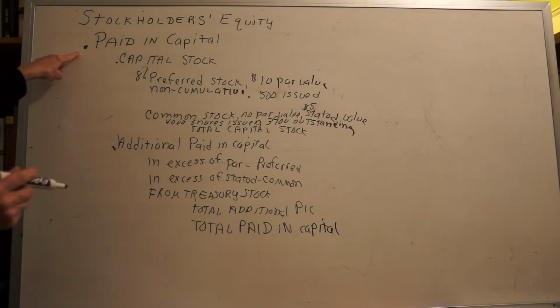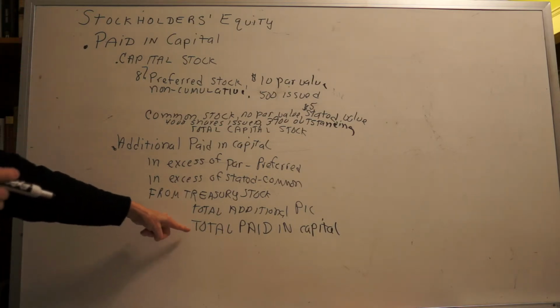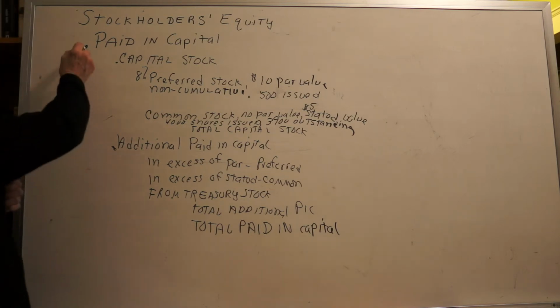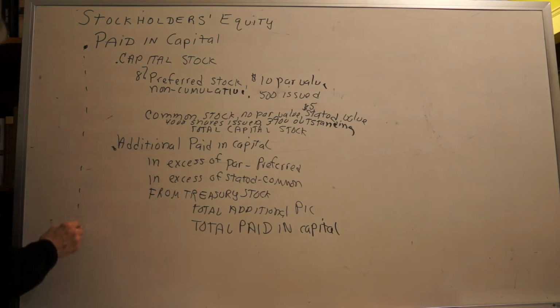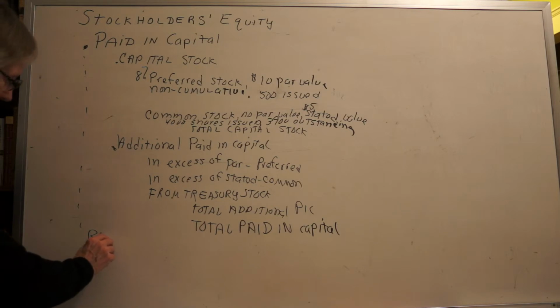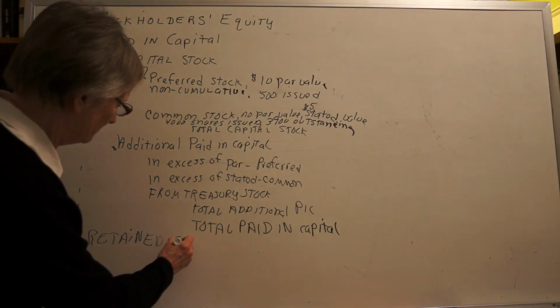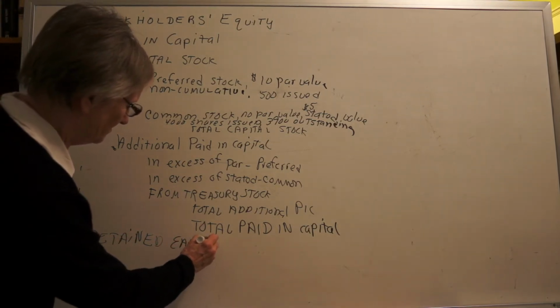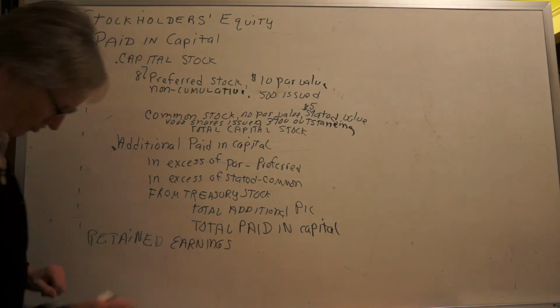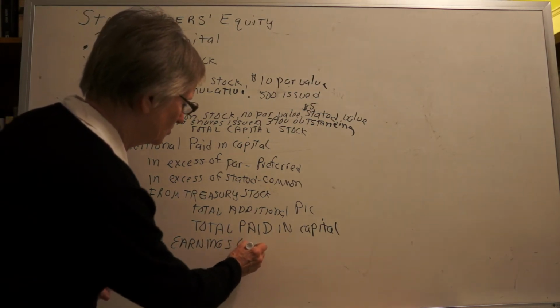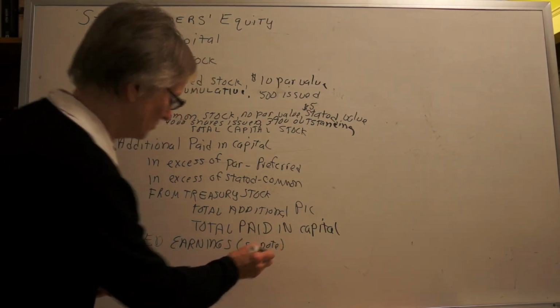Okay, so we get our paid-in capital section done, with total paid-in capital. This is all the invested capital. Then we have our earned capital, our retained earnings. If there are any restrictions on that, we would have a note that says see note regarding any restrictions, if we wanted to.